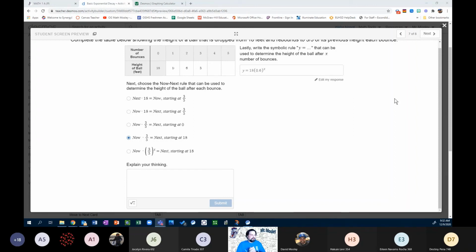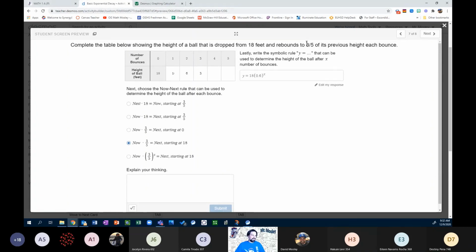The now next. Okay. So with a now next rule, it's always going to follow the same format. We're going to have now. In this case, with exponential functions, it's going to be times a number equals next, starting at, and then we put in whatever the start number was. For this scenario, the multiplier is the 3/5, which can also be done as the decimal 0.6.